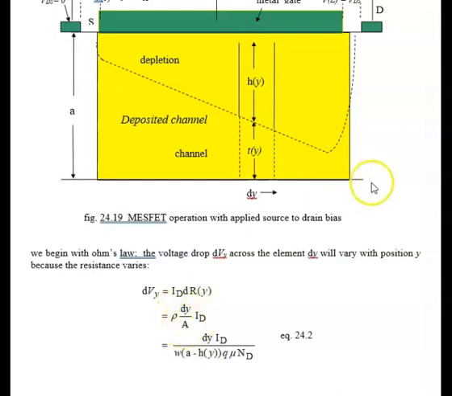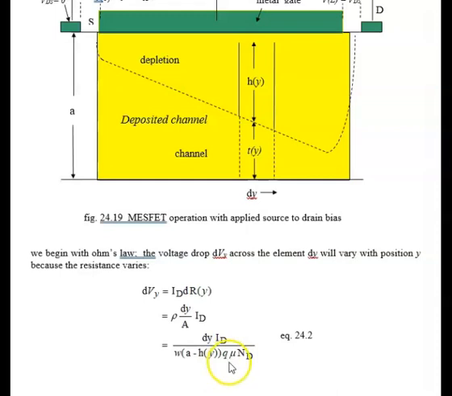The cross-sectional area is the width into the paper, into the board, multiplied by this thickness, ty. So it's just A minus hy. We're going to be using the depletion width as a variable. So this, in the parentheses here, would be ty, and then the resistivity is the electronic charge, 1.6 × 10⁻¹⁹.